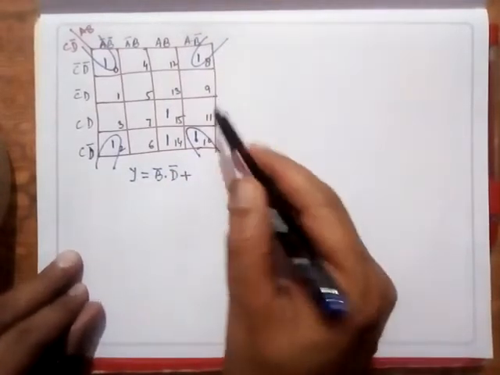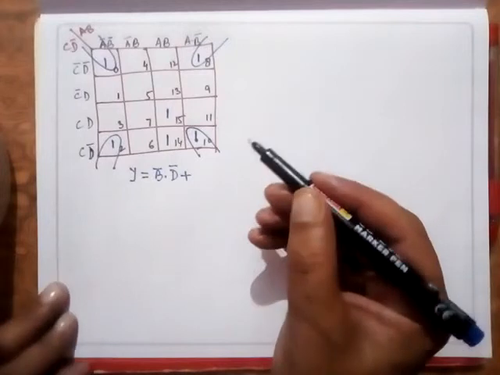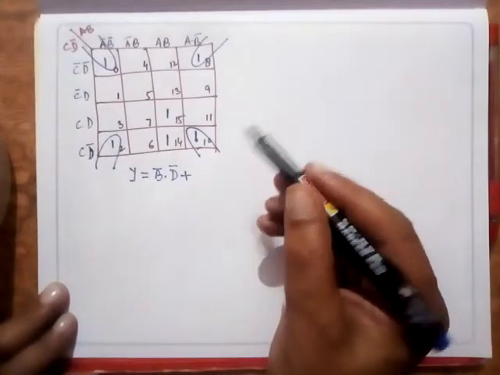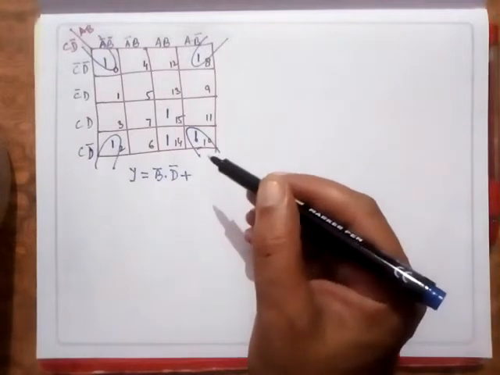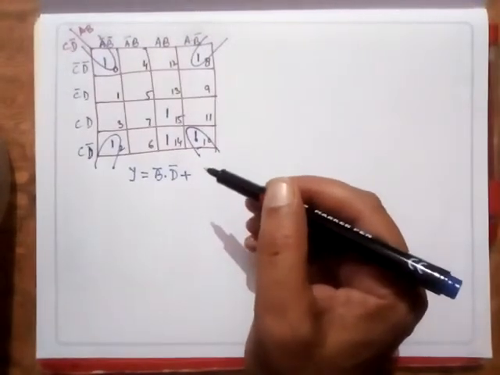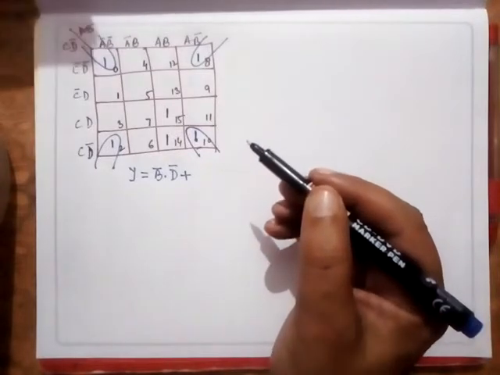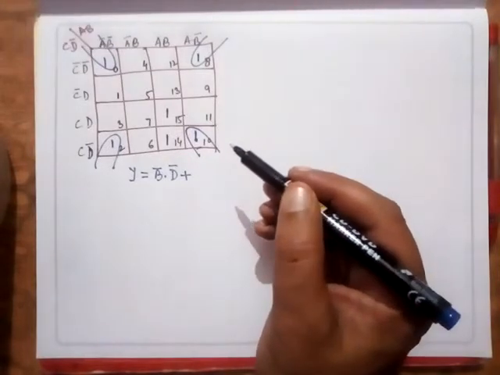Let's move to the next one. Let's make one more term here: 14 and 15 are here, and let's take 11 also.